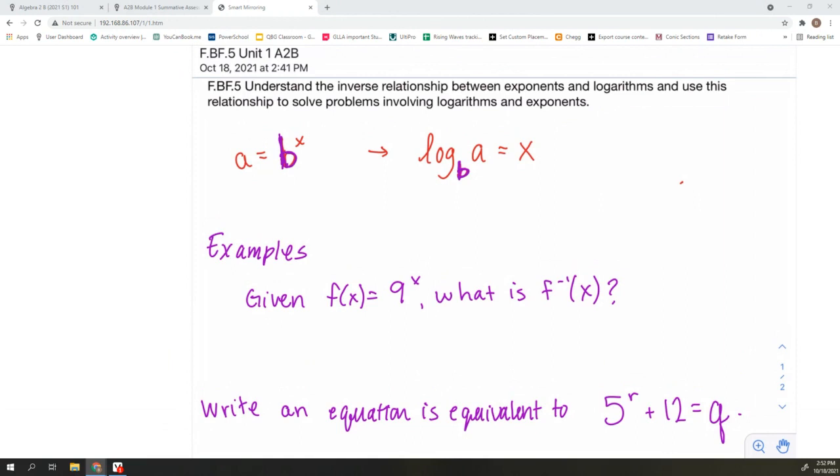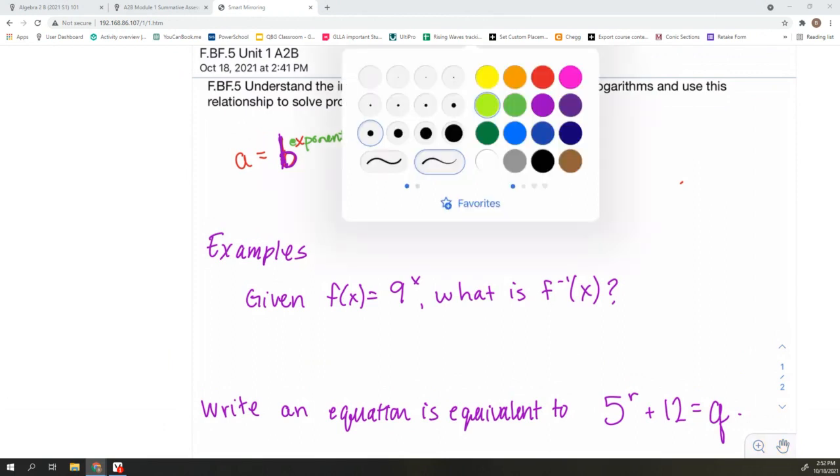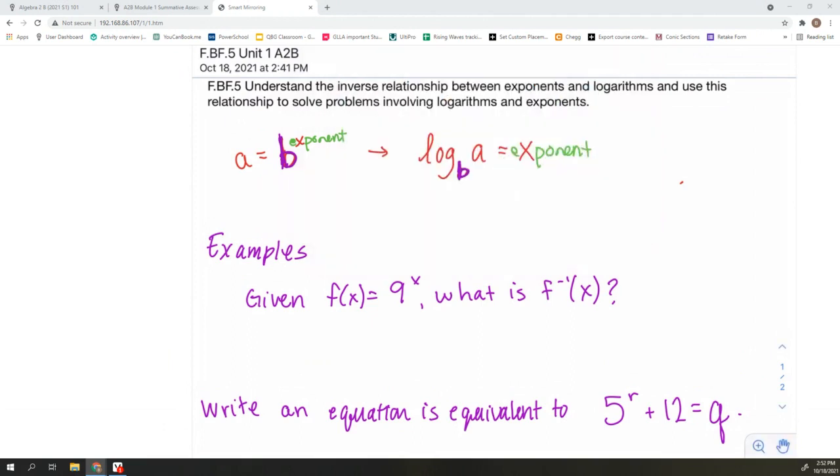Another thing that can help you remember what goes where is that the x, which is supposed to mean exponent, is right there, and this always equals the exponent. Another way that I remember how to do these things is it goes like this. You can go b to the x is equal to a.